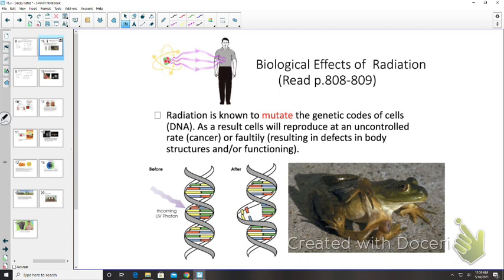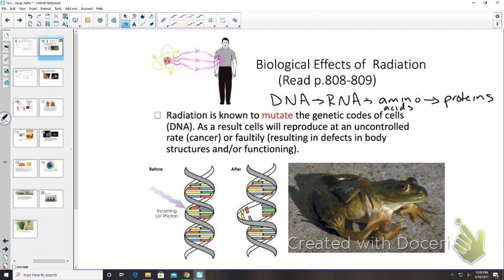So, yeah, radiation will essentially modify your DNA. And we know, you guys should know from biology, DNA makes RNA, which makes amino acids, which makes polypeptides, which makes proteins, right?